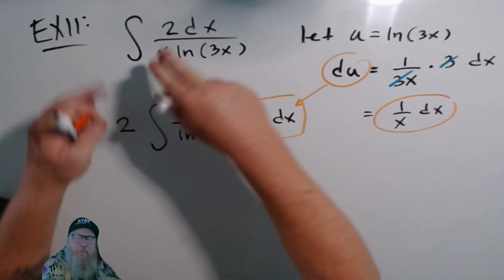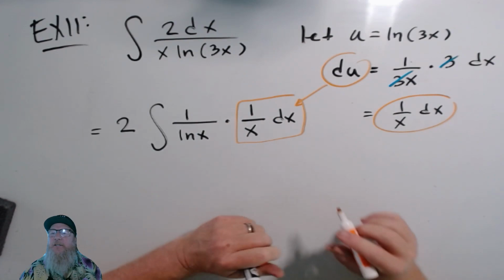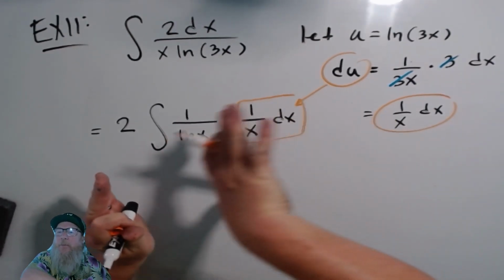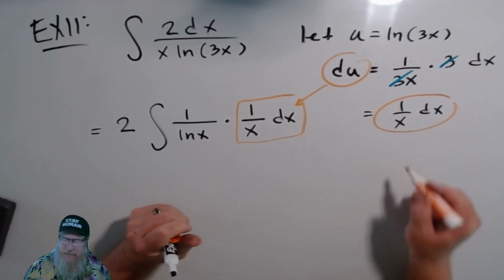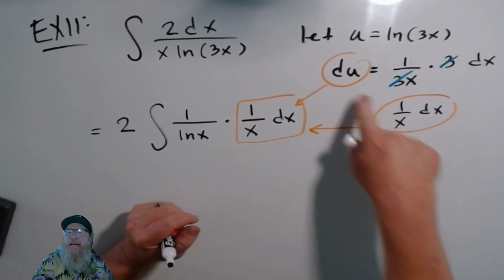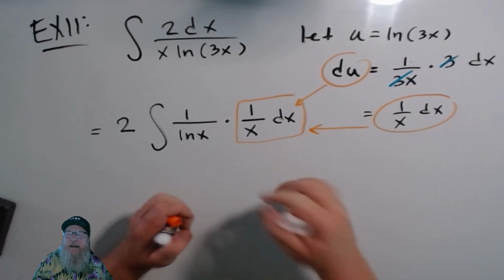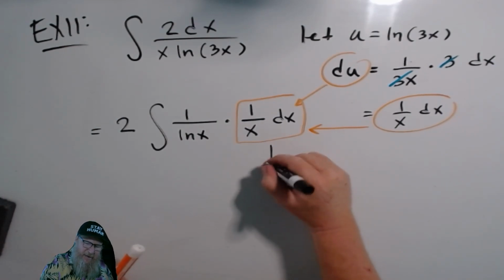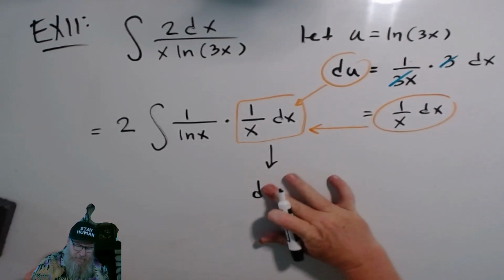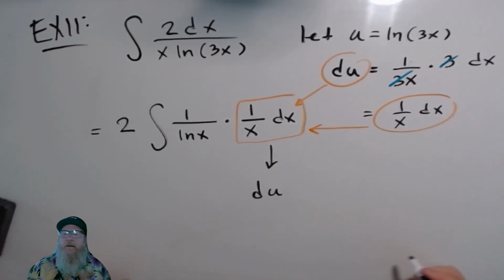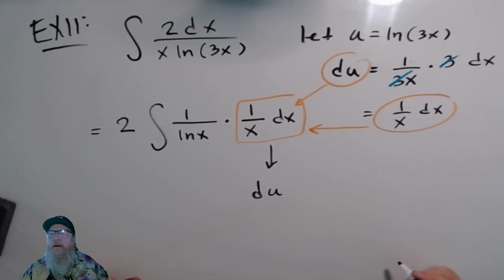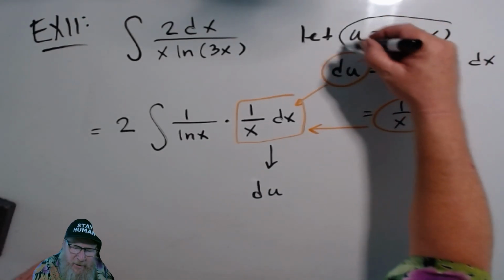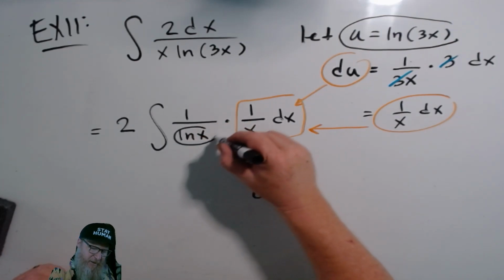I don't want to see it buried inside of the integrand. I want to see it clearly pulled out to the side there. So du is this thing right here. So that's going to be du. Okay. And then my u is down here.